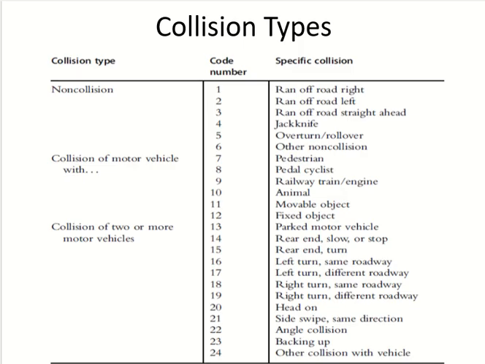Then we have collision of a motorcycle with something else, collision of a motor vehicle, a car, with something, and collision of a motor vehicle with two or more motor vehicles. In the non-collision, there is only one vehicle involved. Minimum damage, right? People are only killing themselves, no one else.